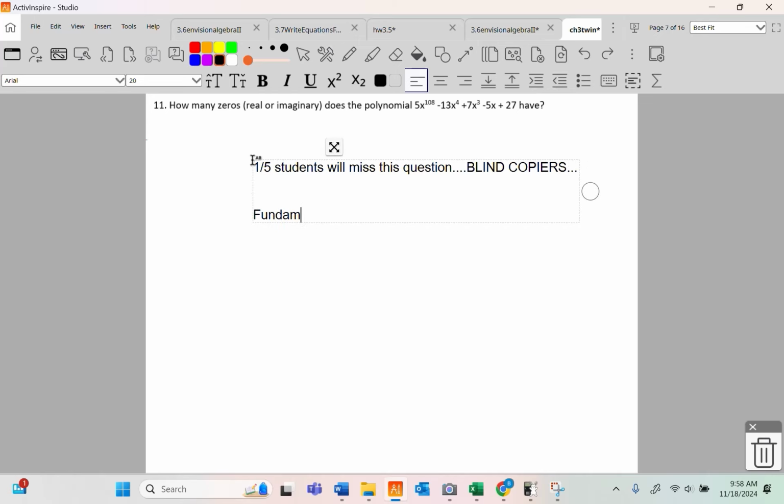So, the fundamental theorem of algebra and its corollaries basically state that x to the n has exactly n zeros.